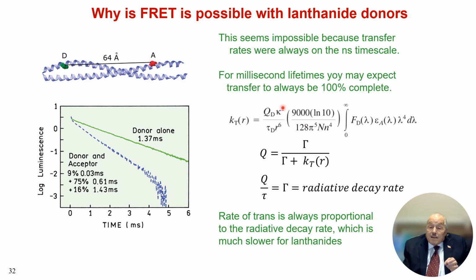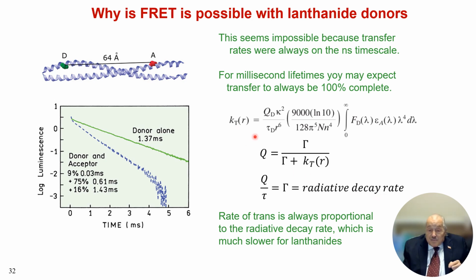And I finally looked down and figured out why that is. The reason is that these two terms here, the quantum yield over the lifetime, is essentially the radiative rate of the lanthanide, or whatever the emitter is.